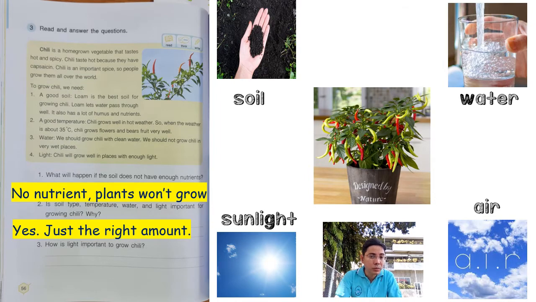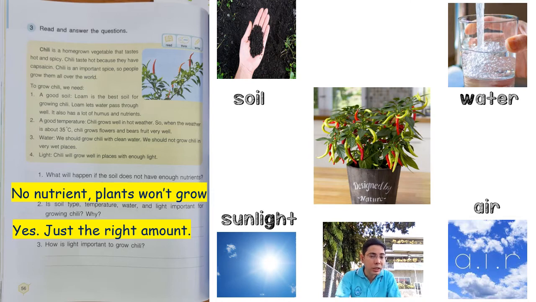For number 2, soil should have food or nutrients, sunlight, but not too much sun, not too much water, not too much heat. It's just right, just enough, so they can survive and grow.